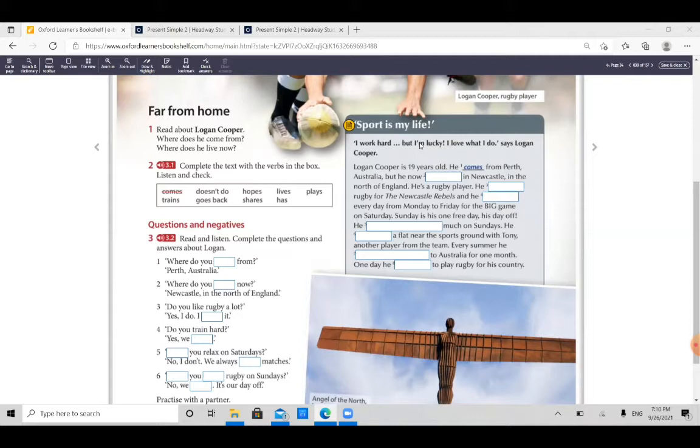Rawan, yes, I'm saying read. Sport is my life. I work hard, but I am lucky. I love what I do, says Logan Cooper. Logan Cooper is 19 years old. He comes from Perth, Australia, but he now in Newcastle.